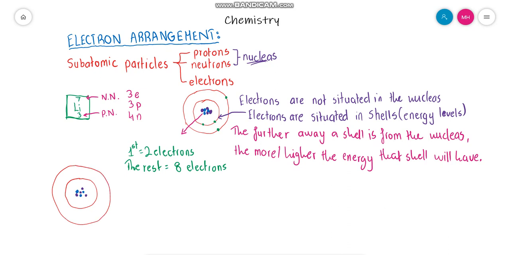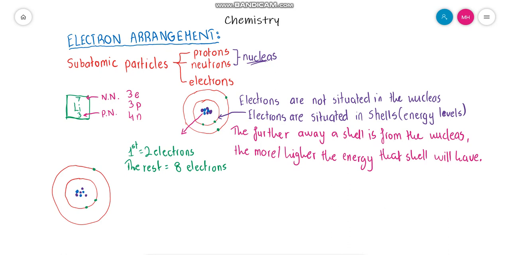The first shell can handle 2 and the surrounding shells can handle 8. Remember that these electrons don't stay in one place, they move around in the same energy level.